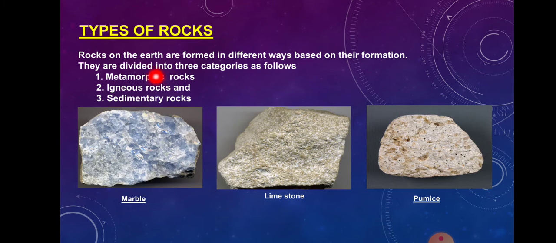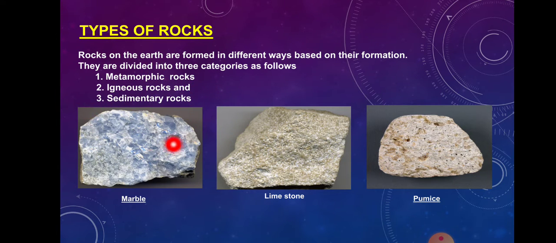Now you also learned the rocks on earth are of three different types based on their formation. They are metamorphic rocks, igneous rocks and sedimentary rocks. You have already learned about igneous rocks and sedimentary rocks, and you also know the examples: limestone is a sedimentary rock, and marble is a metamorphic rock.